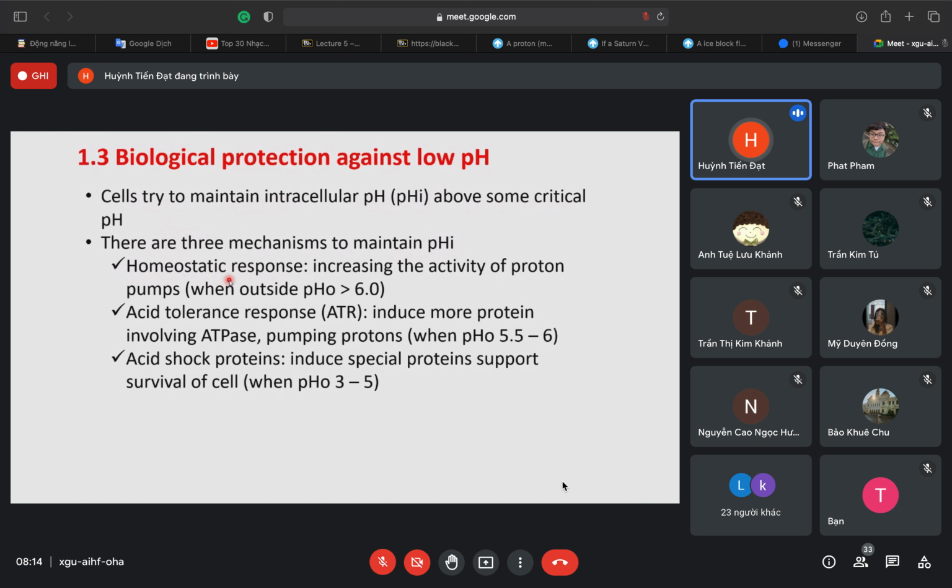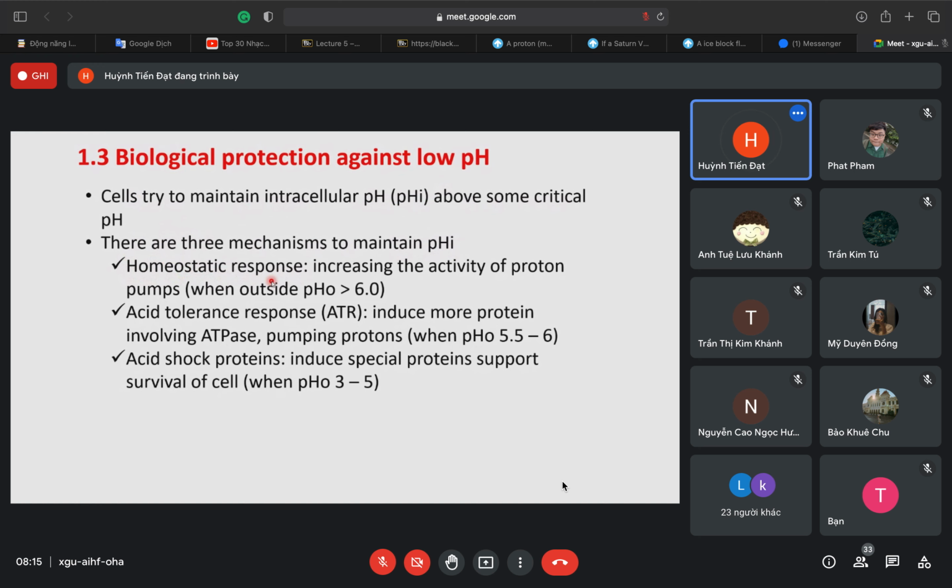In our human body also, we can adjust a lot of homeostatic responses, for example cholesterol or other things like the sugars in the blood. It is very similar with microorganisms, so that they change to maintain the internal pH.